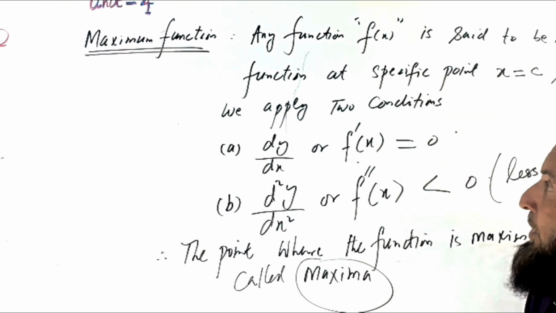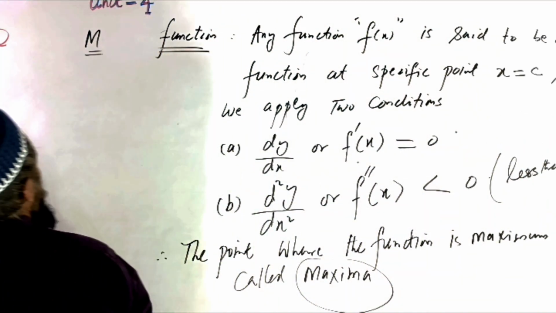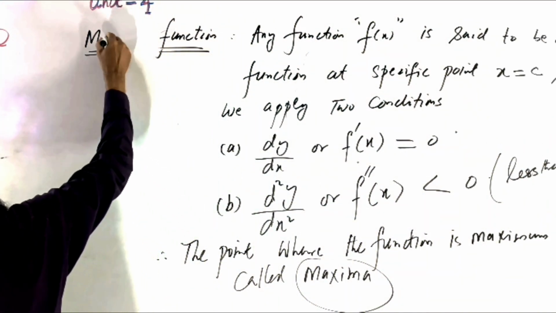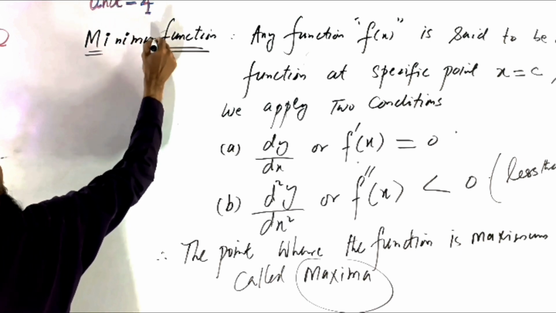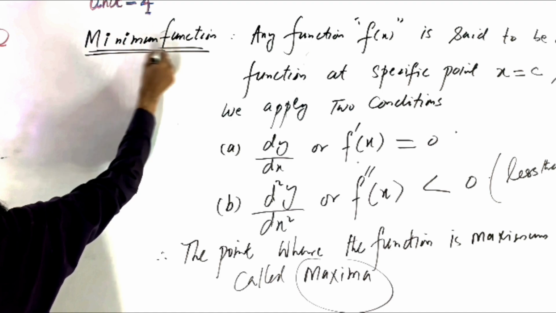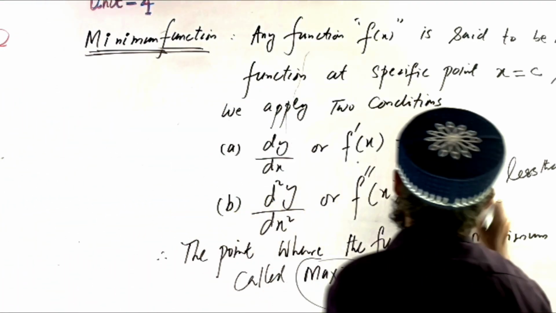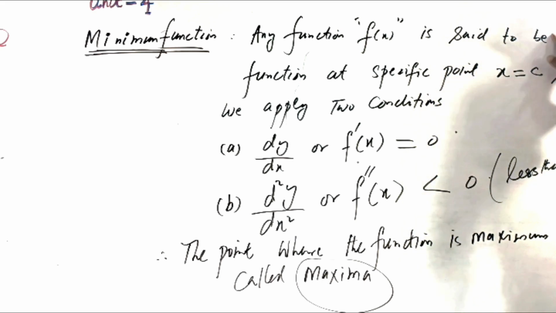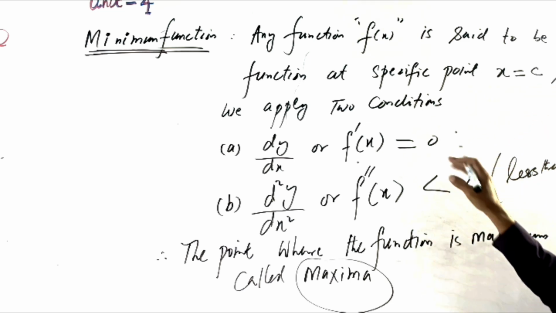And another for the minimum function. Minimum function: any function f of x is said to be a minimum function at a specific value x is equal to c. So we apply again two conditions.